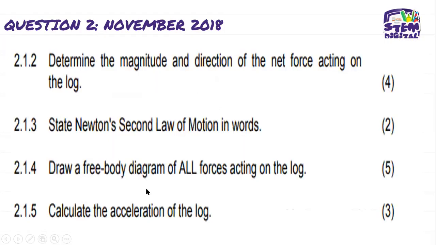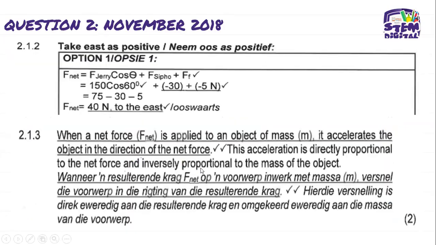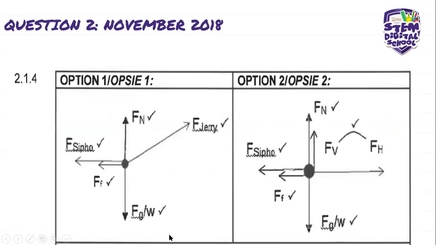Right. Then, question 2.1.4, we are required to draw a free body diagram of all the forces that are acting on the log. Right. Here are the forces. The first force is the force of gravity. Right? You remember that.